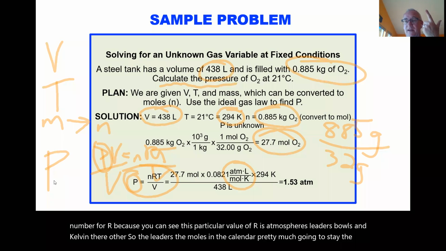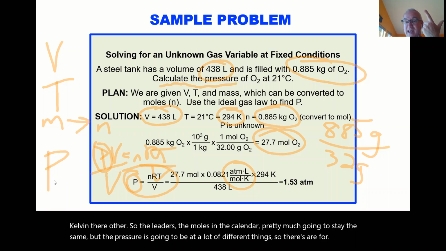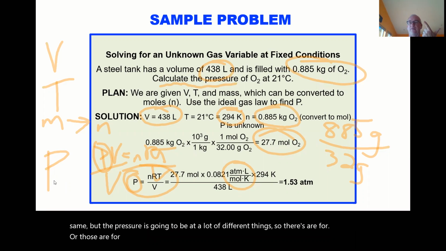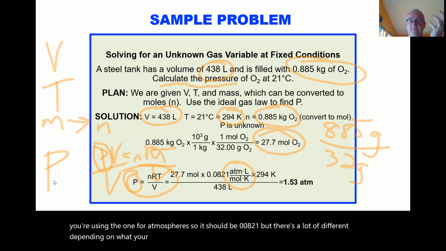The pressure is going to be in a lot of different units. So there's R for torr, there's R for kilopascals, there's R for bar. There's all kinds of different numbers. Make sure you're using the one for atmospheres. So it should be 0.0821, but depending on what your pressure is in, it'll change.